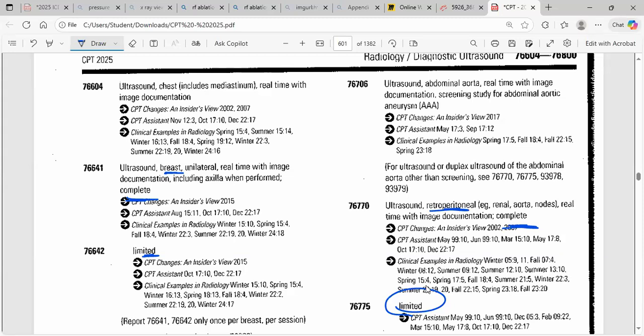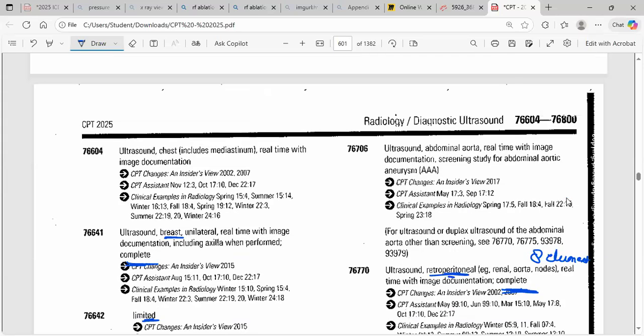If we talk about the abdominal cavity, 76700 retroperitoneal, to consider it as complete, we need 8 elements. These elements are mentioned here.